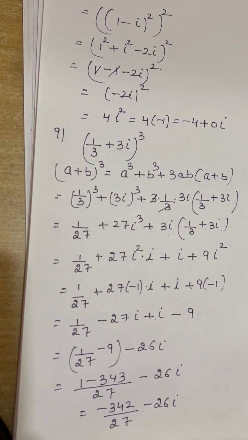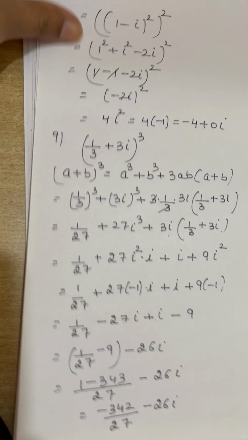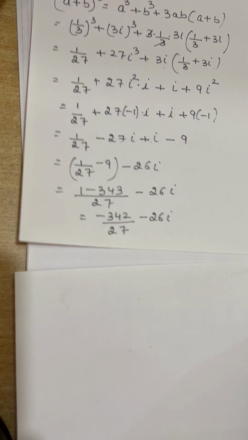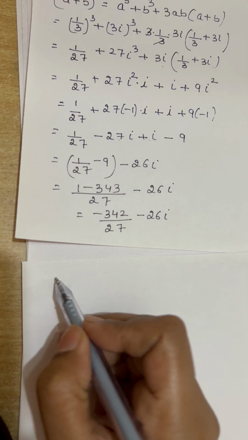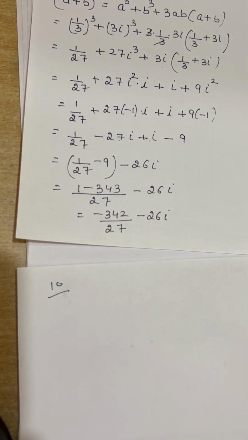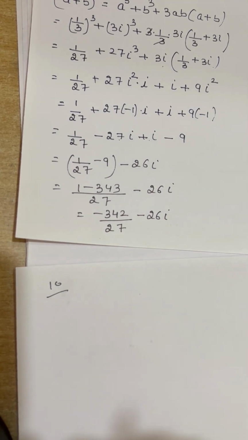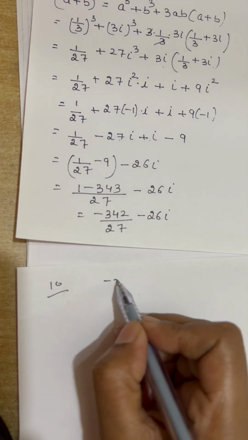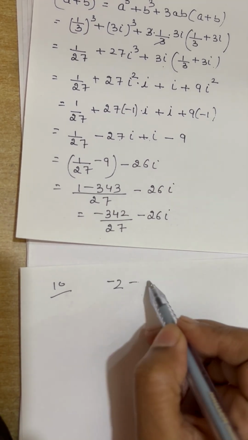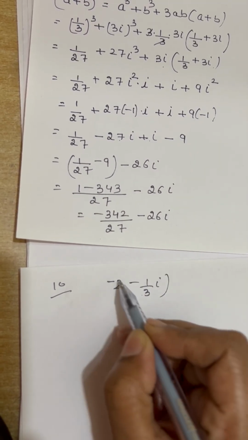Now again question number 10 is minus 2 minus 1 upon 3 iota whole cube.